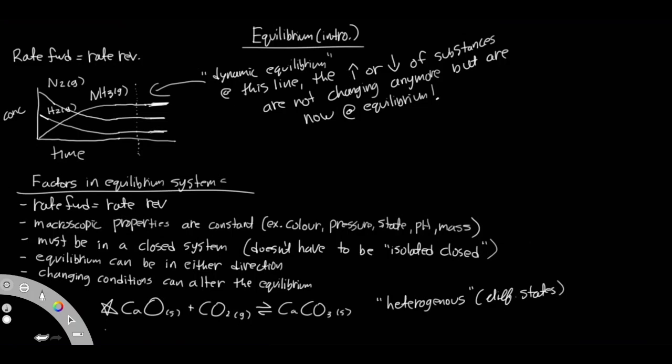But if we use the example that we used kind of up here, right, with N2, which is gaseous, and hydrogen gas, which is gaseous, and this is reversible as well, and it's creating NH3, which is also gaseous. This here is going to be homogeneous because obviously now we have the same states.